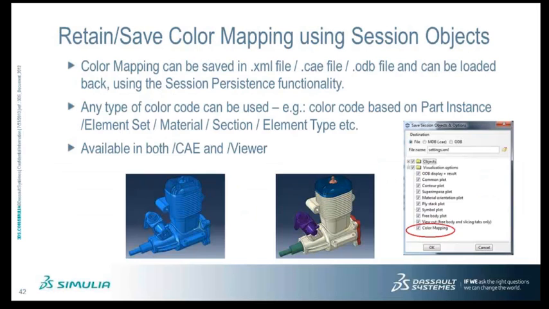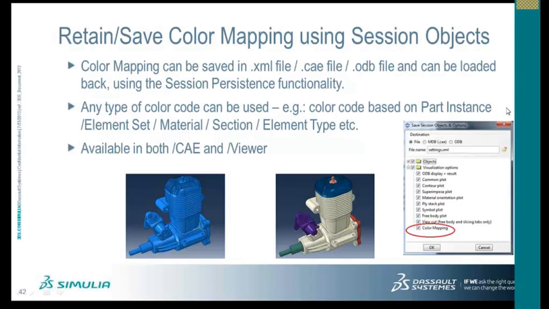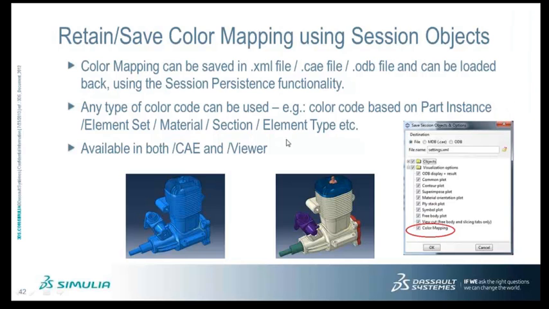Up until 6.13, we did not have the ability to save color maps, especially for those of you who work with large assemblies, upwards of hundreds or so. And many of you have said that you have standardized ways of creating color maps for components and subcomponents in large assemblies. So as a result, if you modified a part or a subcomponent, you lost the color mapping.